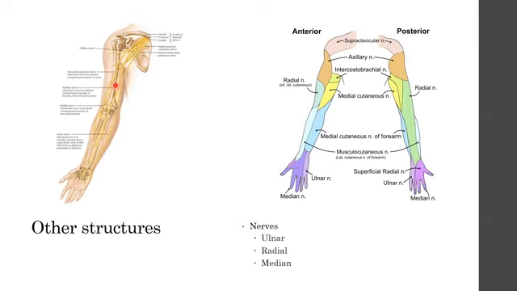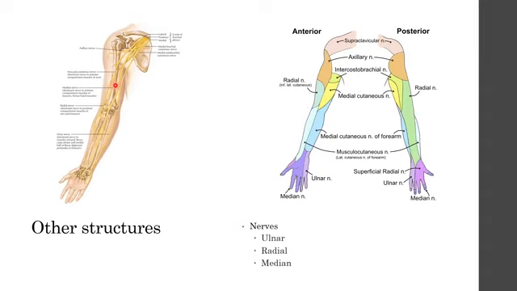The interesting thing about the radial nerve is once it hits the cubital fossa in the elbow, it bifurcates, and it has many branches. For the purpose of simplification, all those branches we'll consider as also being part of the radial nerve, right?